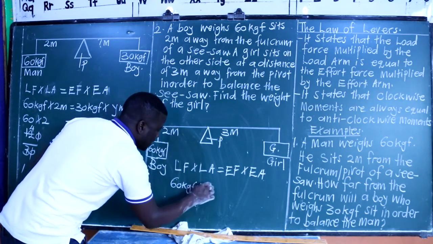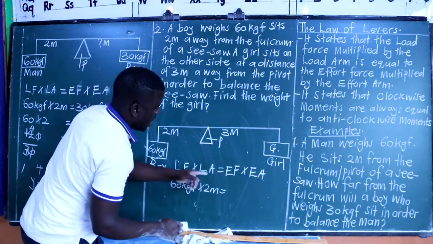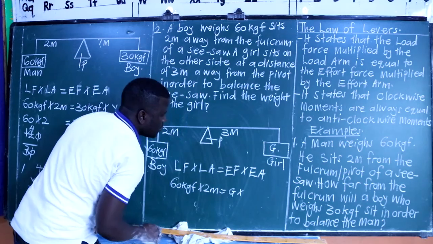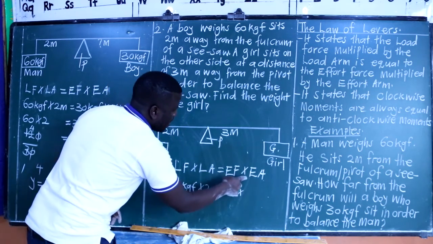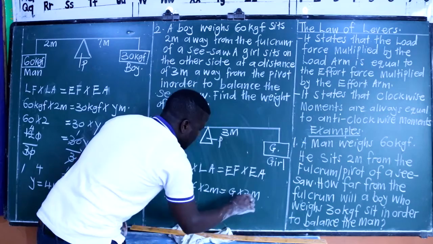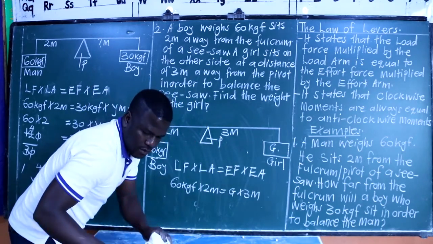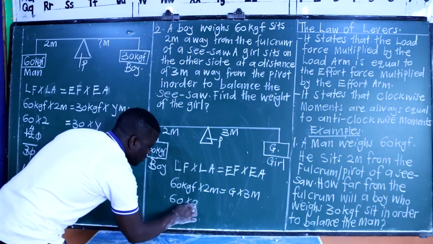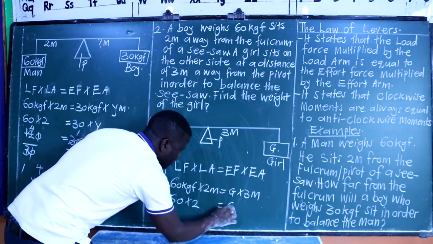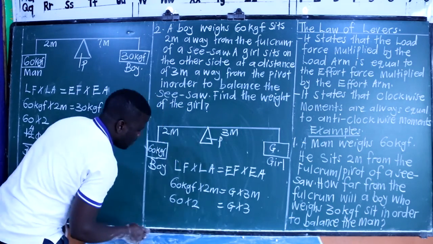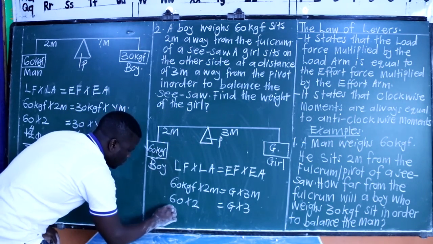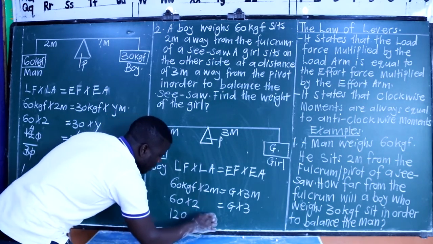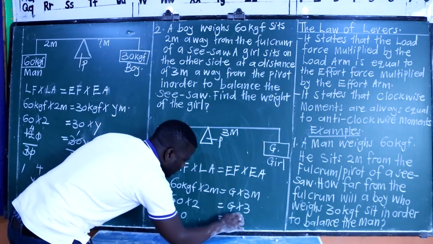The load arm is 2 meters, is equal to our effort force, which is G, multiplied by effort arm, which is 3 meters. Then we substitute and say 60 times 2 is equal to G times 3. 60 times 2 is 120 equals 3G.